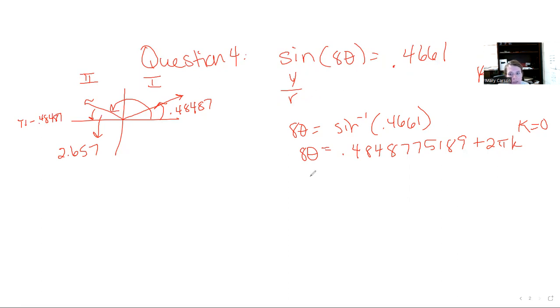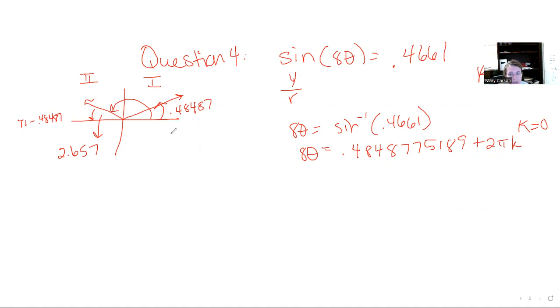Then to find from there to there, you would do pi minus that to get this.